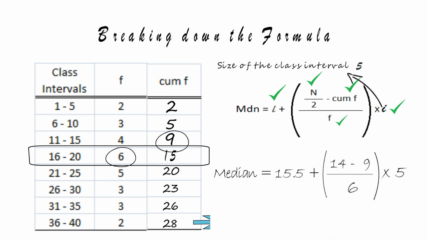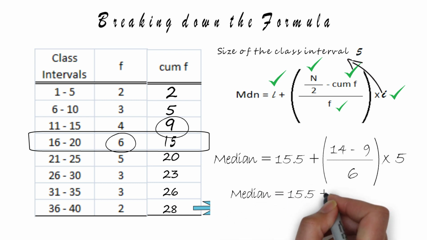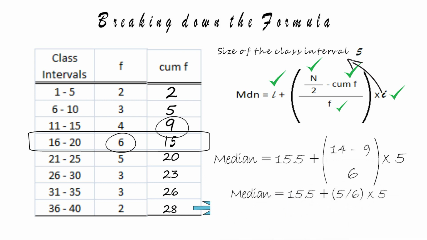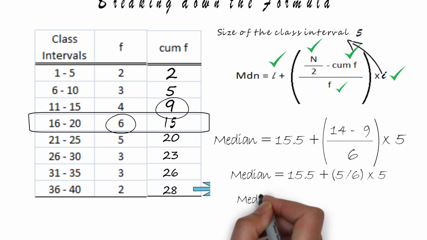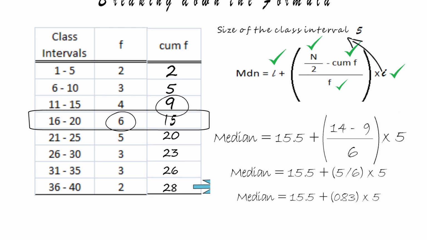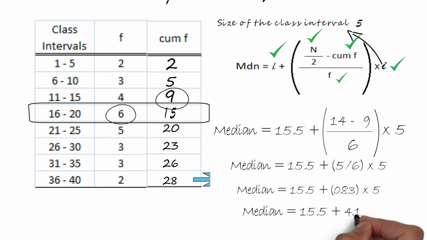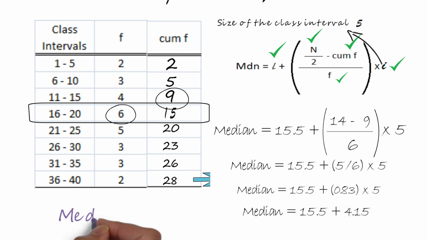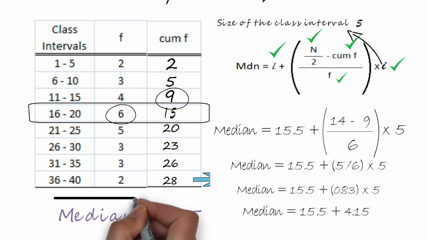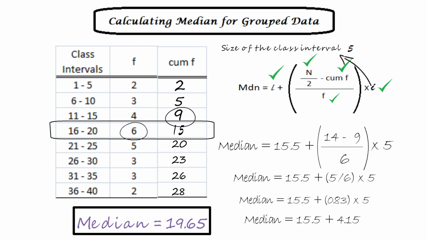That is equal to 15.5 plus 14 minus 9 is 5, divided by 6, into 5. 15.5 plus 0.83 into 5 is equal to 15.5 plus 4.15. When we add, we get 19.65. 19.65 is our median. This is how you calculate median for grouped data.